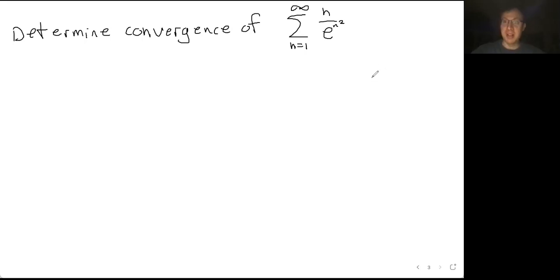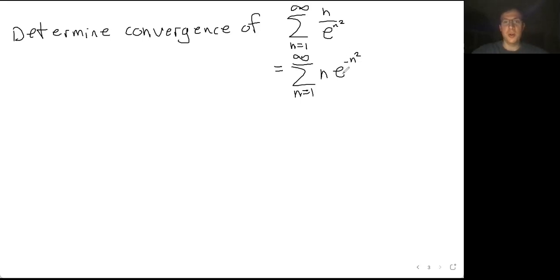So this is more complicated looking than some of the series we've been dealing with. One thing that we'll want to think about is, this is a video about the integral test. Why is this a good integral test problem? Rewriting this a little bit, instead of e to the n squared in the bottom, write it with a negative exponent, n e to the minus n squared.